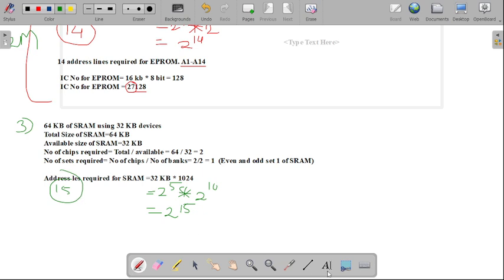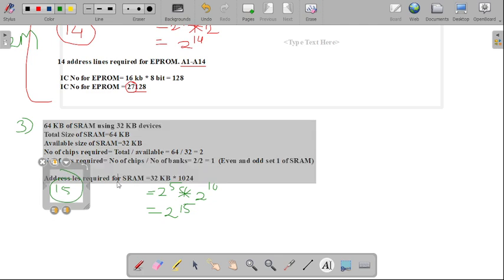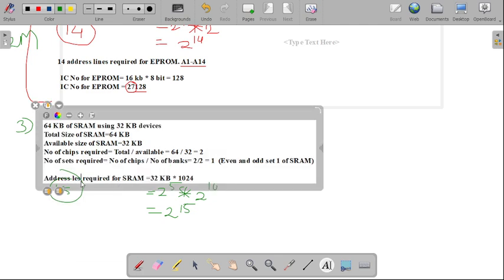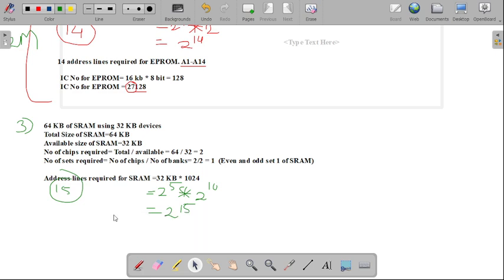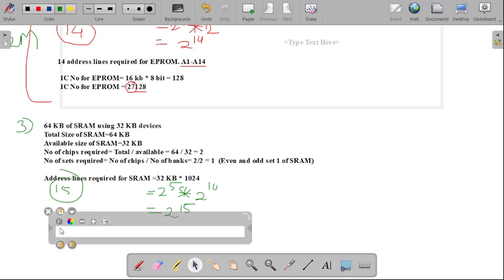Whenever you are calculating the address lines, you have to check the available size of the SRAM as well as the EPROM. Now you have to write the line numbers for our address lines.